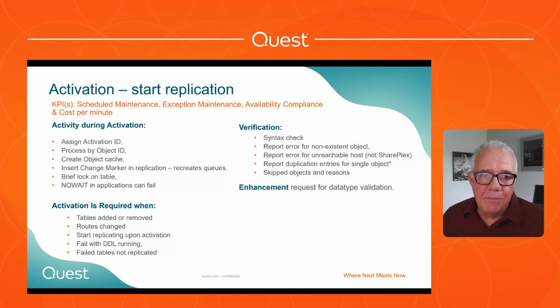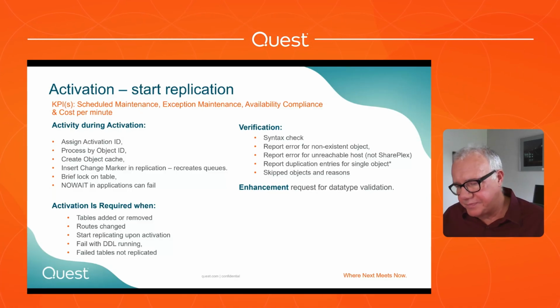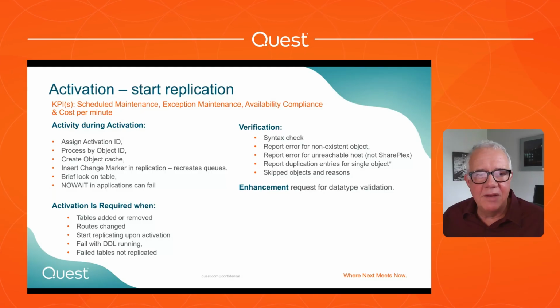It will fail if DDL happens to run while that process is going through, and failed tables are not replicated. If you've had any experience with this, you know that we mention a log where additional details can be found. You look in that log, and it'll tell you exactly why it failed. I'm going to talk about some parameters that can help you manage failed objects in just a moment.